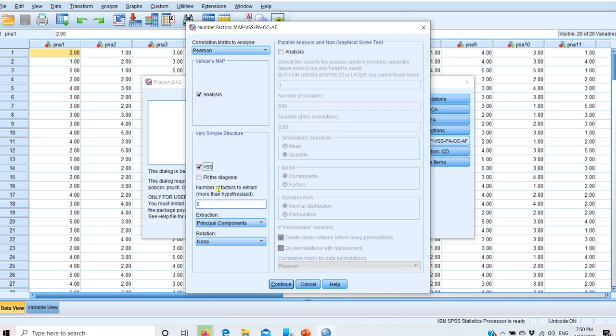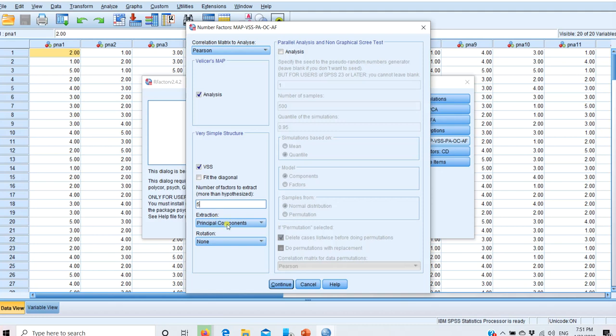If you want a diagonal in the graph to also appear, you can select this, but I do not prefer this. Then you have to give the number of factors you expect. Here the number should be higher than that. So I am expecting two factors, so 5 is higher than 2.